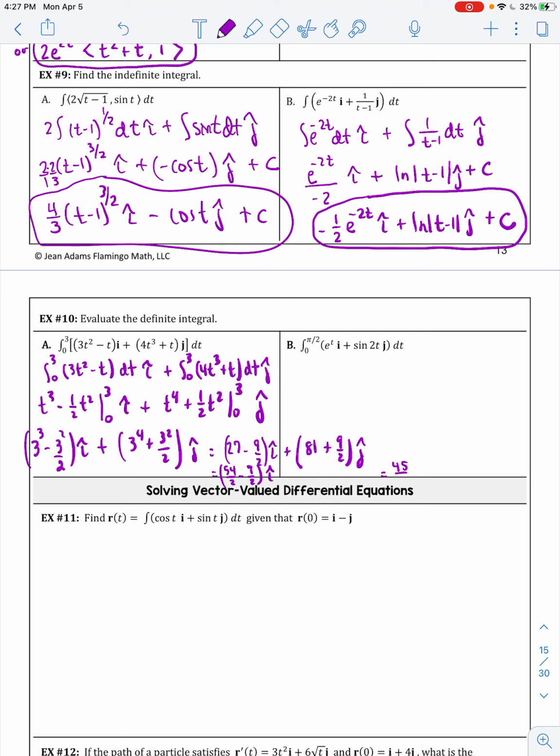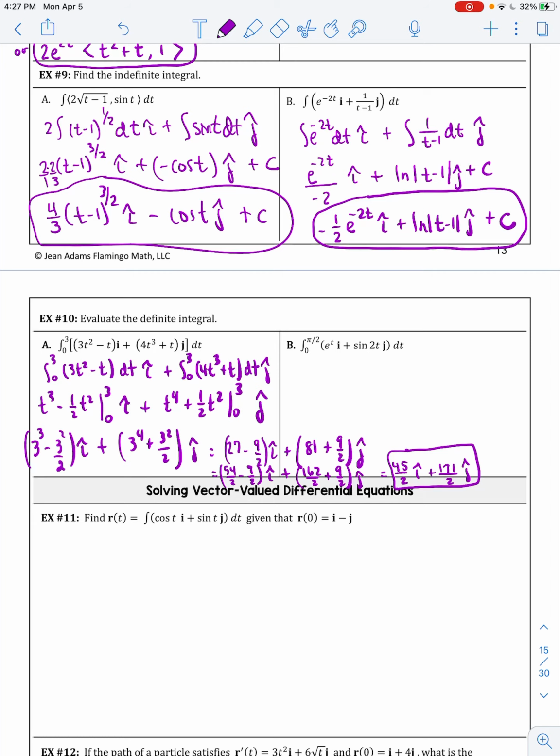So I'm just going to put that over here. 45 halves i, and then plus, this one would be 162 over 2 plus 9/2 times j, which would give you 171/2 j. Okay, so that's the answer to A.